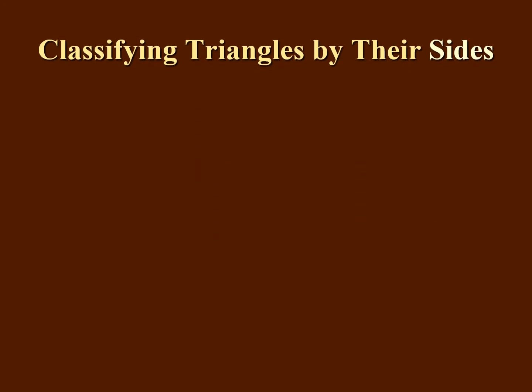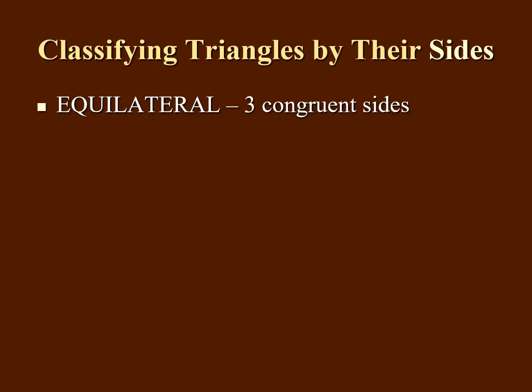So the first is looking at their sides, and equilateral. What does that make you think of? Equal, of course, means equal, and lateral means side, so three equal sides. Equilateral. And there's an equilateral triangle. And if you ever encounter one, you'll get to see that the angles actually all match.